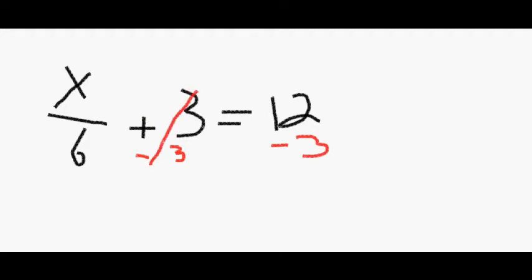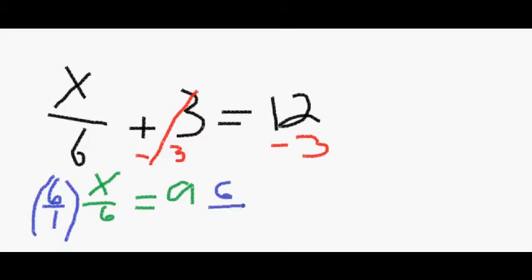This crosses out. Now the new formula we're left with is x over 6 equals 12 minus 3, which is what, class? 9. Now we have to multiply both sides by 6 over 1, which is the opposite. This cancels.